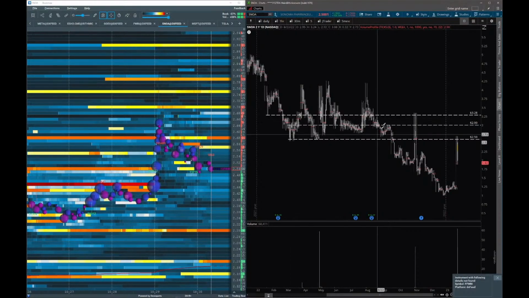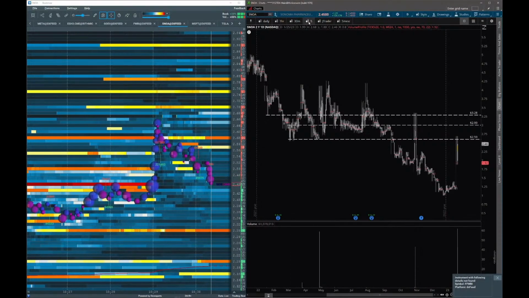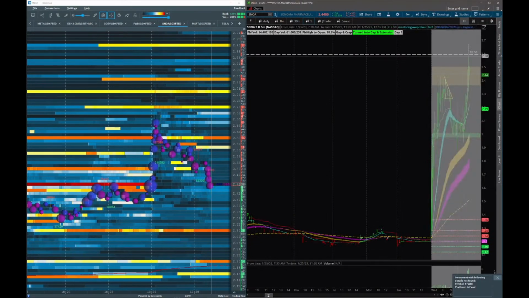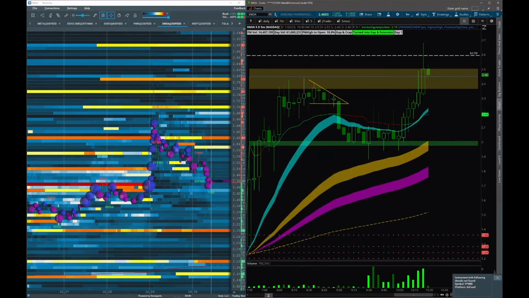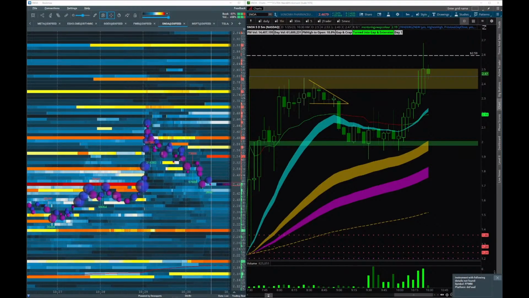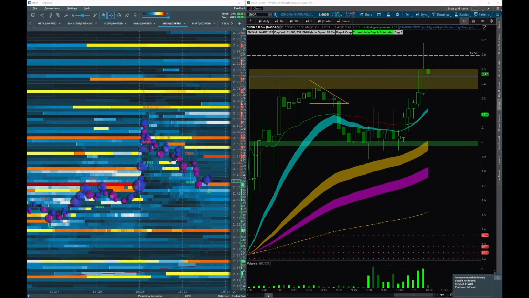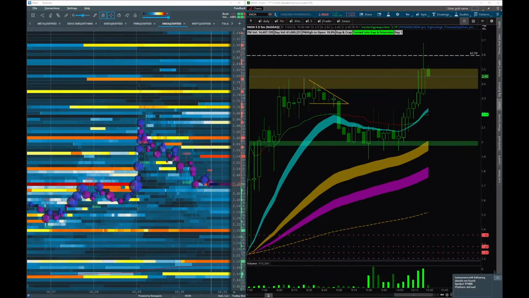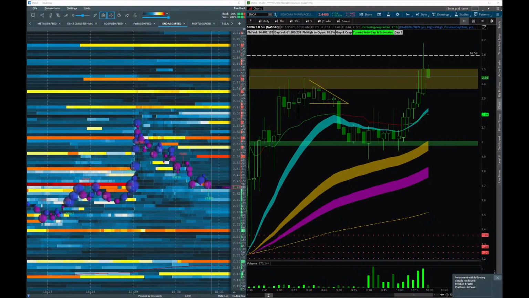So these are the three main levels that I'm watching over here. So holding this level over here, this blue line is the pre-market high. You can see a ton of volume was traded over there.